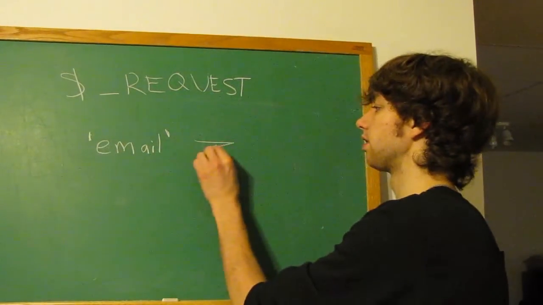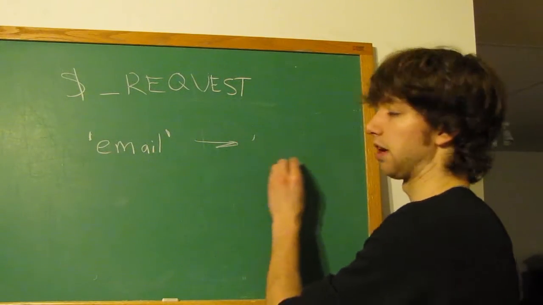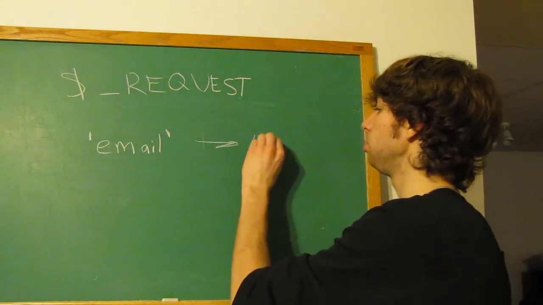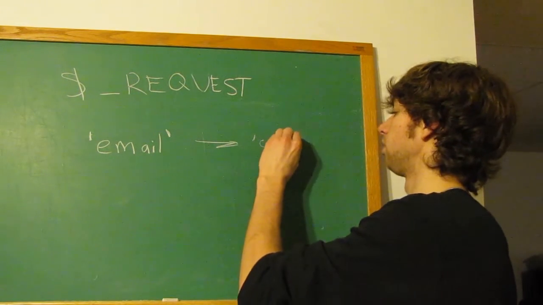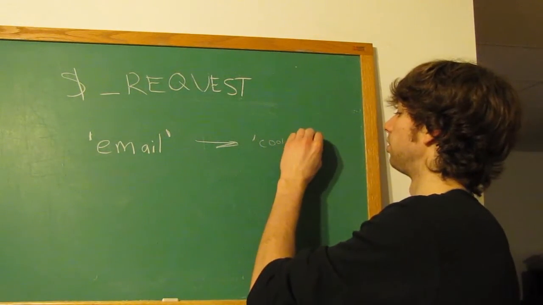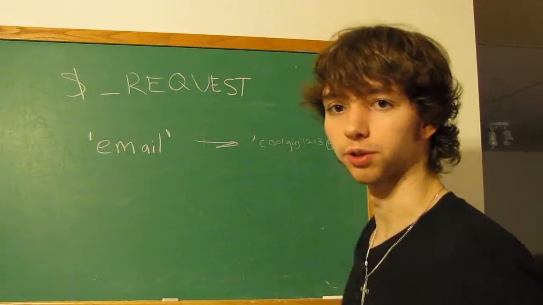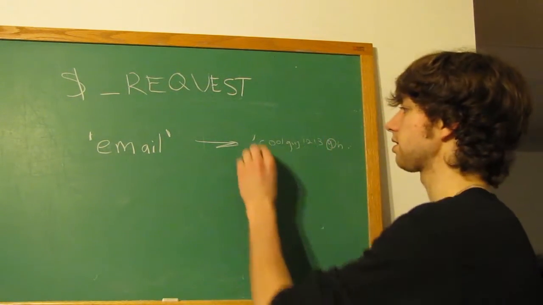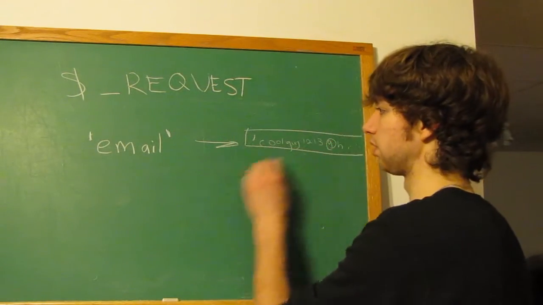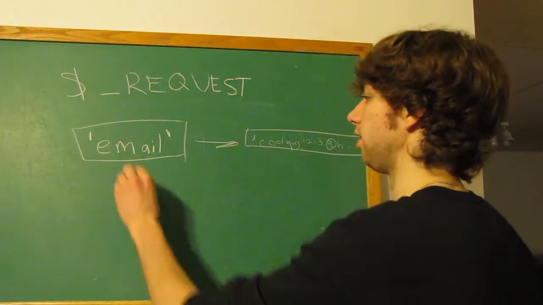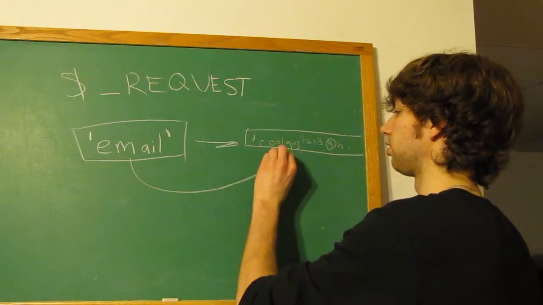This points to the value, whatever you put within the form. So if you put cool guy 1213 at hotmail.com, for example, well, this is the actual value. This is the key. So this points to here.